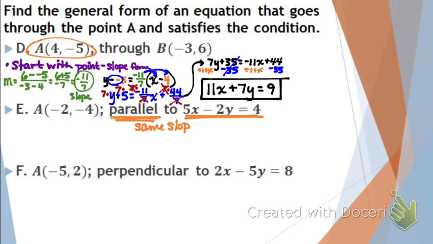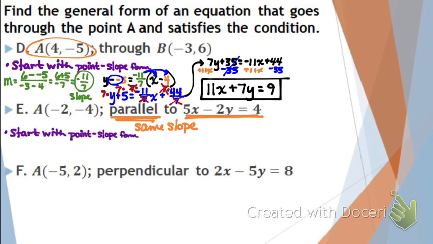So if I can find the slope of the line they gave me, then I have the slope of the line I'm looking for. Once I have that slope, what form should I begin with before I convert it to standard form? Do I have my intercept? Point slope form. Let's use point slope form after we get our slope.